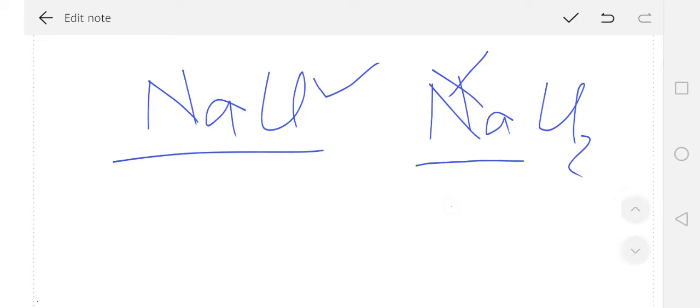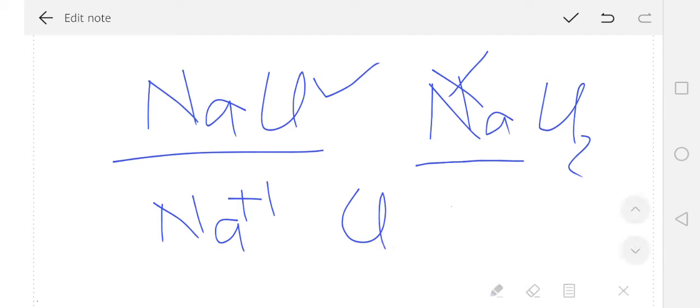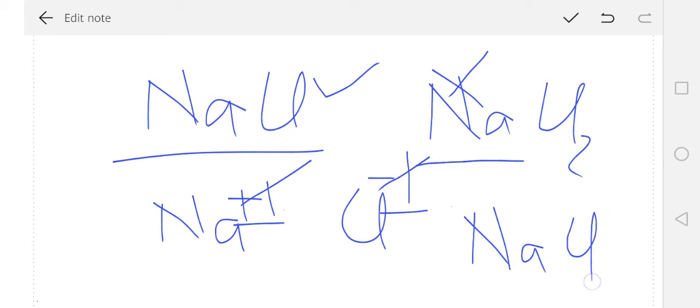You just explore the concepts that I have given to you. So basically Na belongs to group number 1, so it has 1 plus charge, and chloride belongs to group number 7, so it has 1 minus charge. Because the charges are the same, they cancel out and its formula becomes NaCl. That's why it has the formula NaCl, and NaCl2 is wrong.